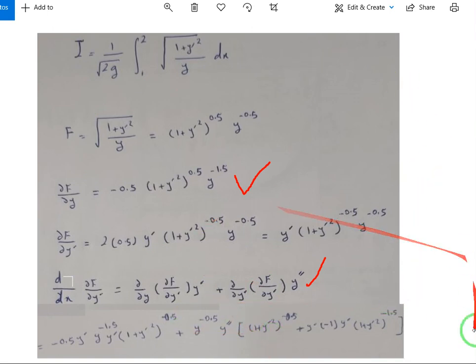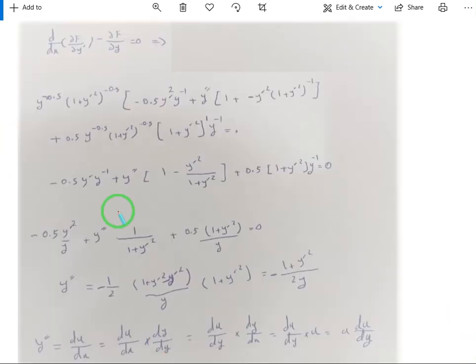as you can see here, if I replace these terms in the Euler-Lagrange equations and do some simplifications, I can show, and you can follow this formulation by yourself, that y double dash is equal to minus 1 plus y dash squared, all of them over 2 multiplied by y.